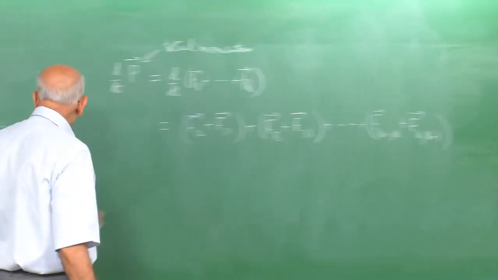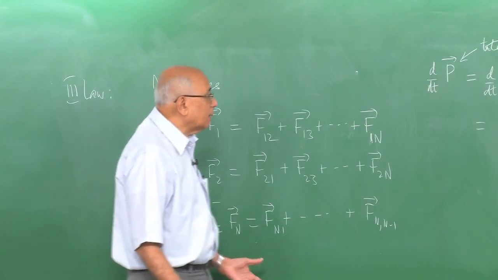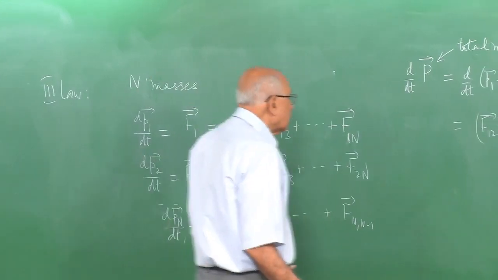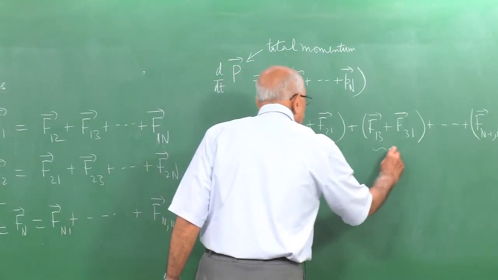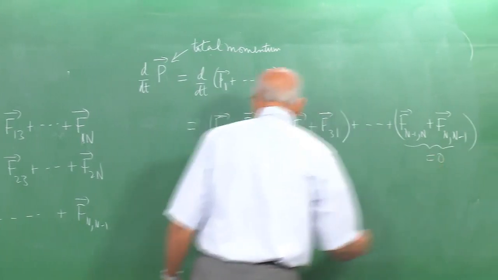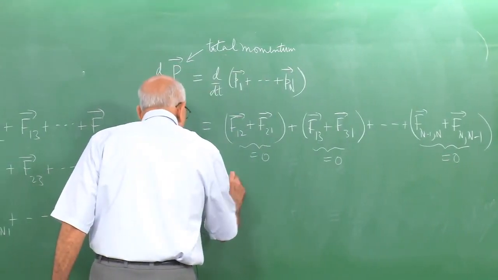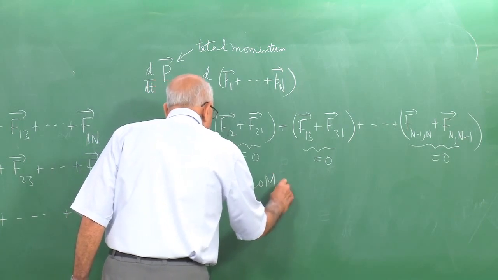All the terms, n squared terms, add up and break up in pairs, and then it immediately tells you that by Newton's third law, this is equal to 0, this is equal to 0, this is equal to 0, which implies that P is a constant of the motion.